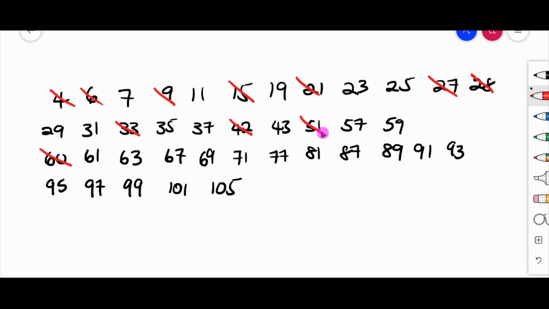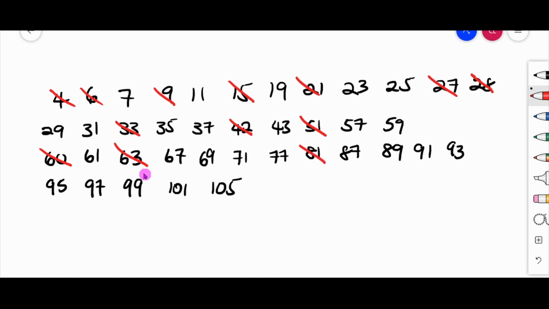Let's see which other one we would have. 63. Yes, 63, because 6 and 3 would make 9. So that's a multiple of 3 as well. 81. 81 is a multiple because 8 and 1 would make 9. So we're going to take out 81.